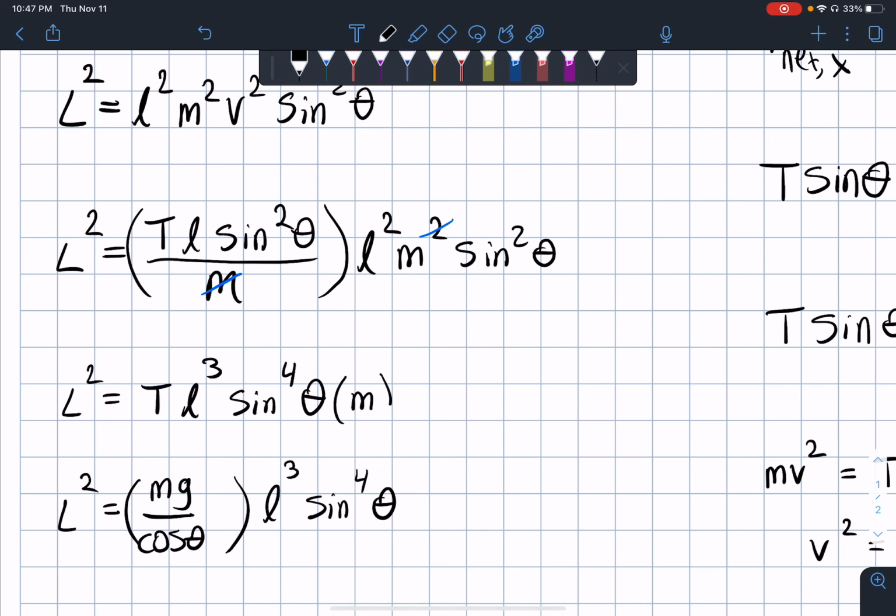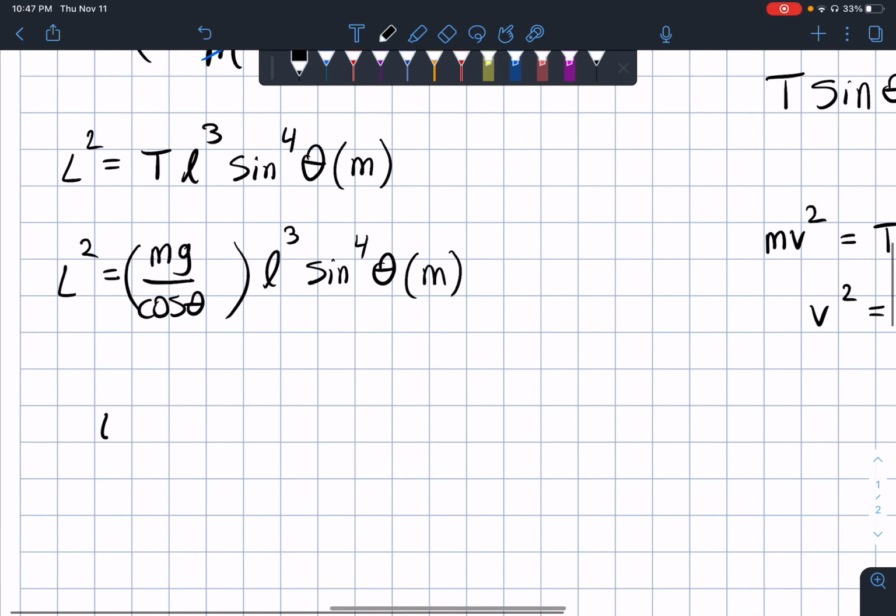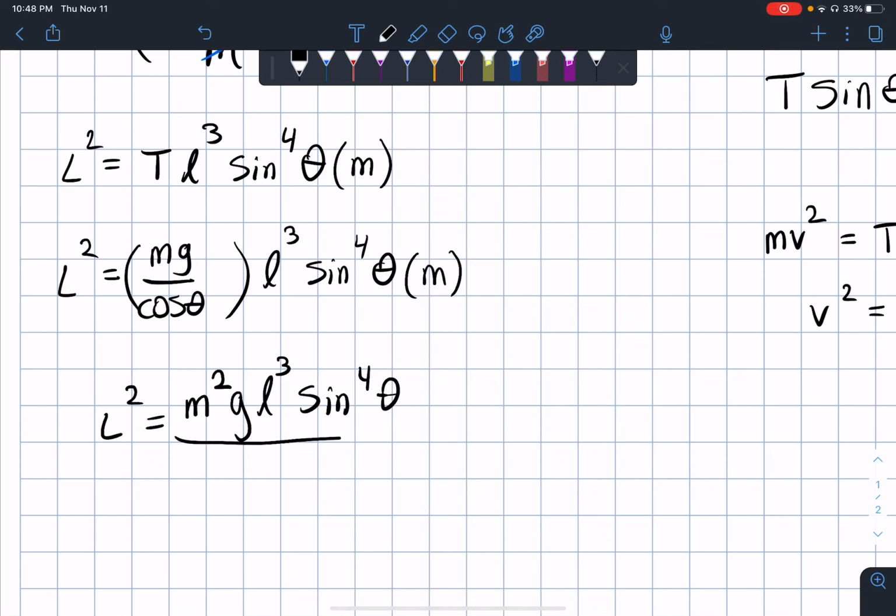So I'm just going to add that here. That m should have been right there, which means it should be here. Okay, so now L squared is equal to m squared g, little l cubed sine to the fourth theta, all over cosine theta.